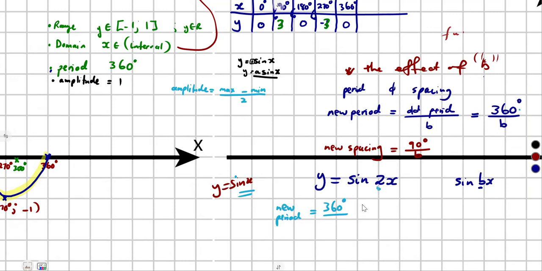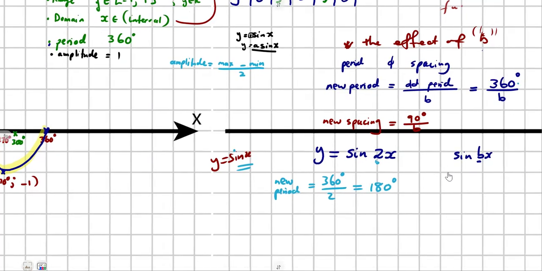What is our b here? It's 2. So it is going to have a period of 180 degrees, meaning to say a complete cycle is completed in 180 degrees. So in 360 degrees, it has got how many cycles? 2 cycles.